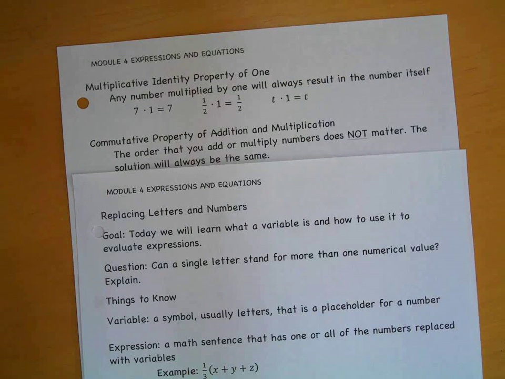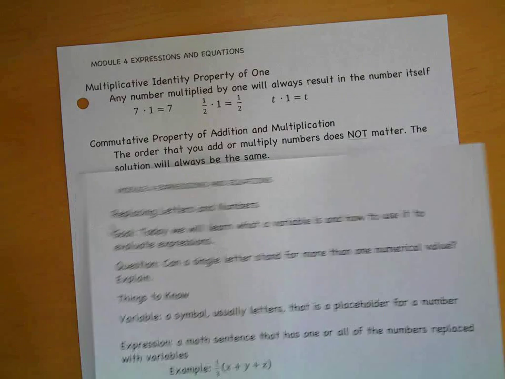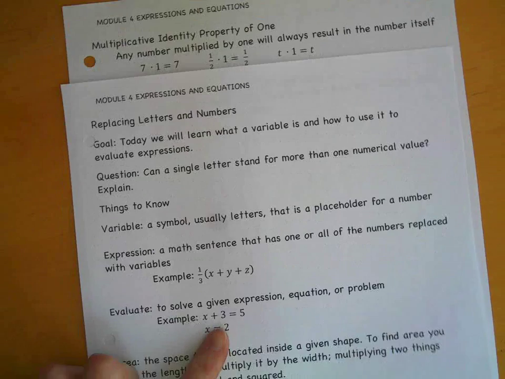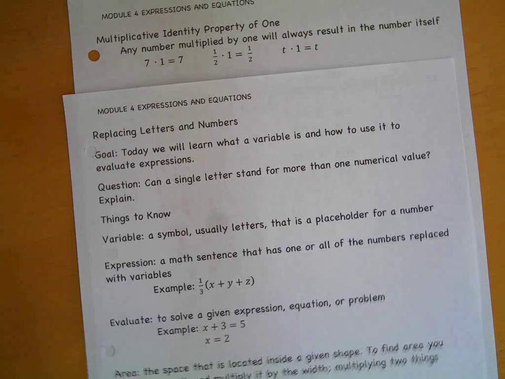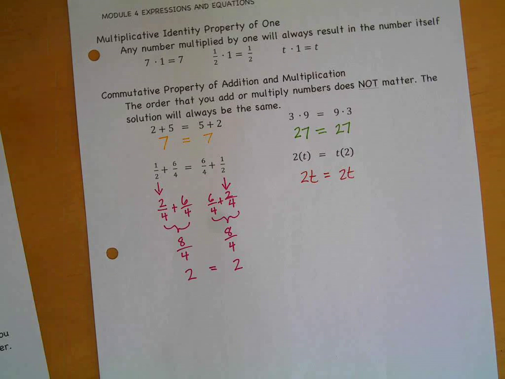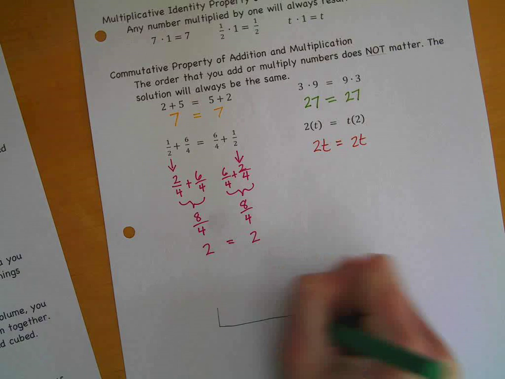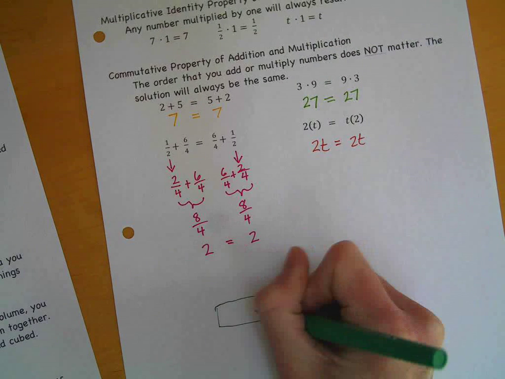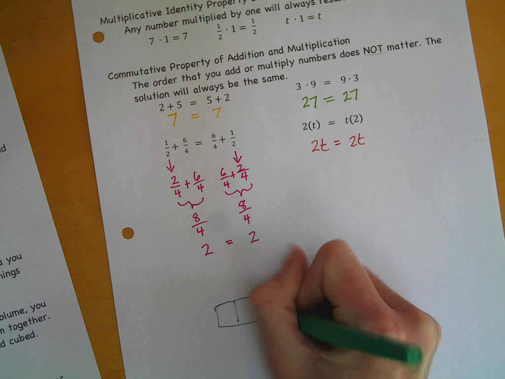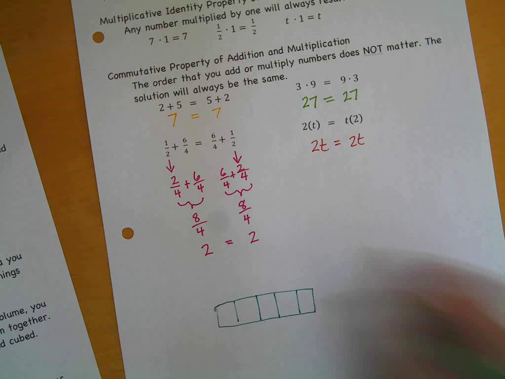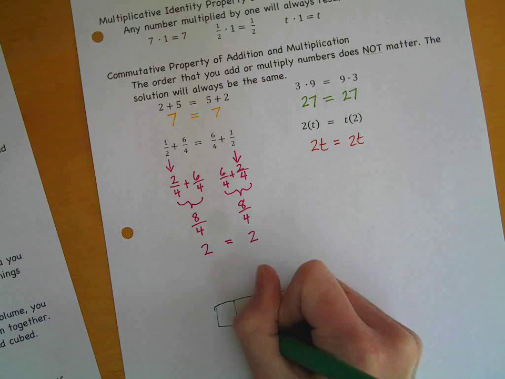Let's go back to our goal. Today, we will learn what a variable is and see how to use it to evaluate expressions, and we did that with this example right here. If you have x plus 3 equals 5, we can use a tape diagram of that. We know that the total tape has 5 sections in it, so 1, 2, 3, 4, 5.